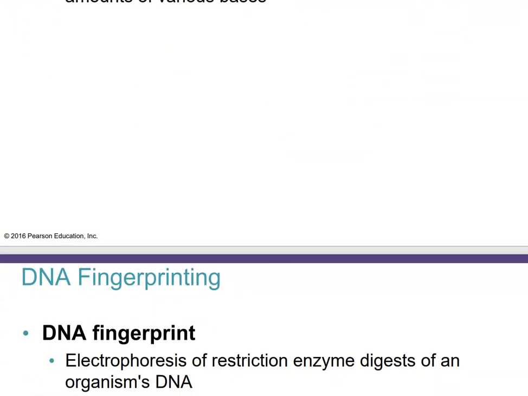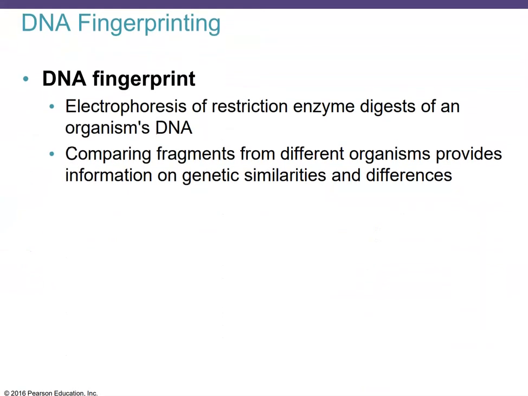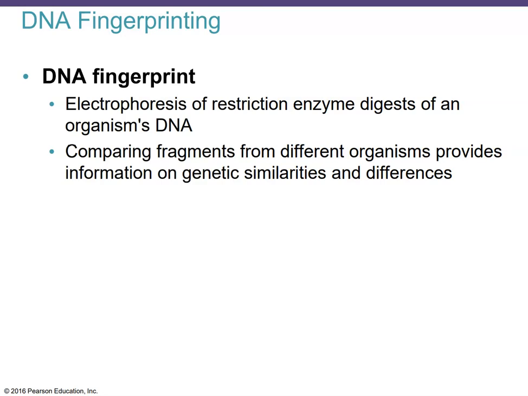And then you can get definitely a more detailed profile by doing DNA fingerprinting, where you're taking the DNA of an organism and subjecting it to cutting with restriction enzymes. The profile that you get after separating the different fragments will tell you how closely related certain species are. So it's a genetic fingerprint that you can do not just on prokaryotes but on eukaryotes.